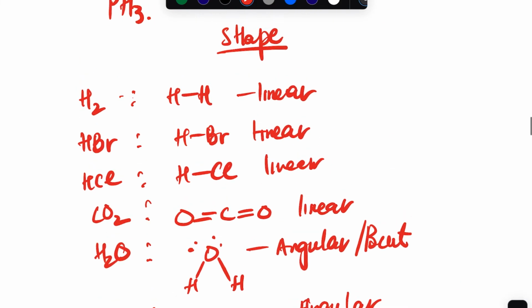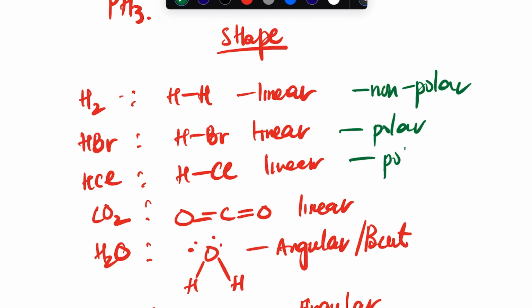And okay, let's look at the polarity. This one is non-polar, and this one is polar, because they are not the same. If you look at this one and this one, it's the same, so it's non-polar. They're not the same here. This one pulls the electrons towards itself, and the same as this one. So that's why these are polar.